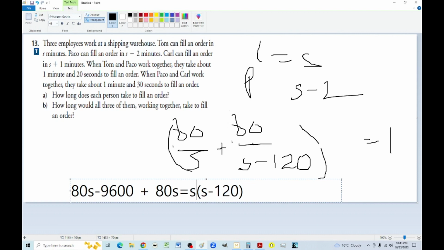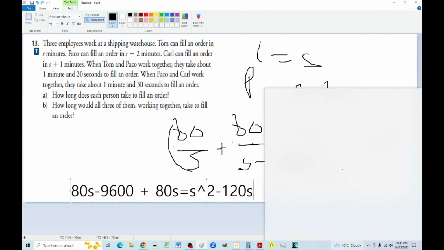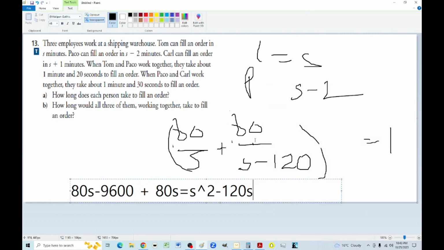And over here, I've got S squared minus 120S. Now we just got to solve.